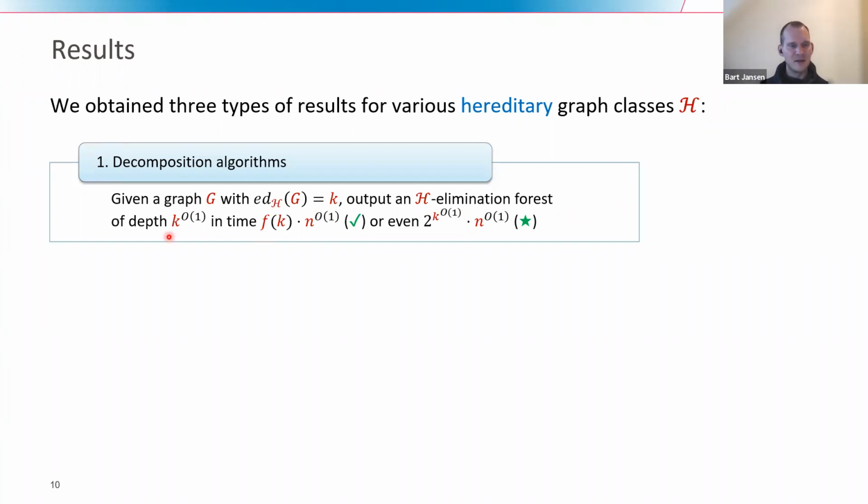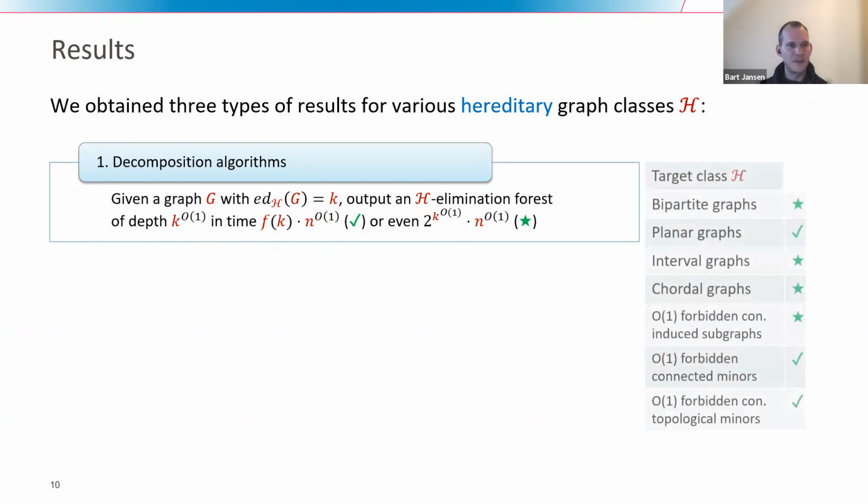The depth of this elimination forest is polynomial in k if the optimum is k. So these are poly-opt approximations that run in fixed parameter tractable time. And in many cases, the fixed parameter tractable dependence is 2 to a polynomial in k, so significantly faster than earlier approaches, at the expense of being approximation algorithms, of course.